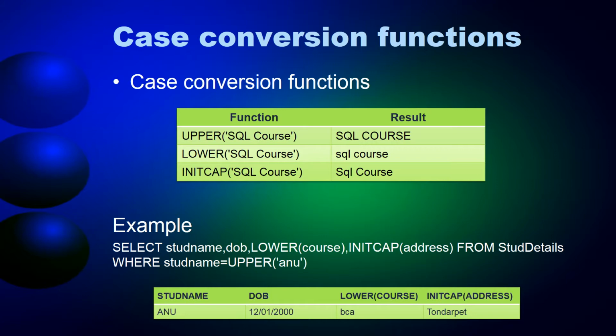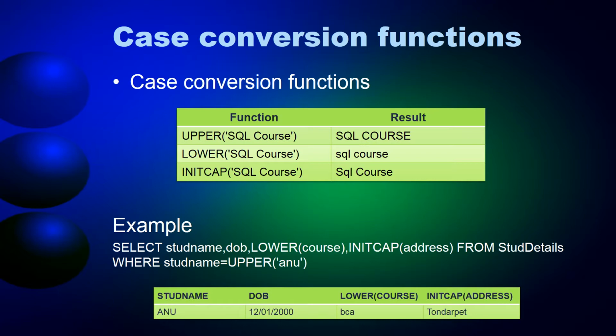The lower function returns a string in which all alphabetical characters have been converted to lowercase. Next is the init cap function. The init cap function converts the first letter of each word to uppercase and all other letters to lowercase.